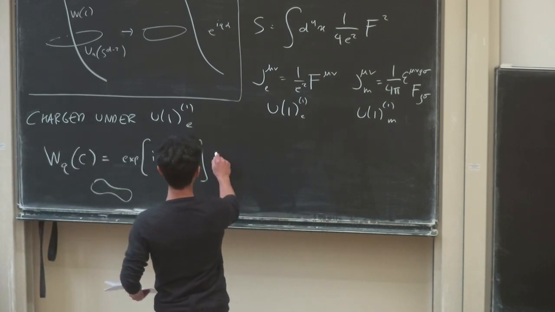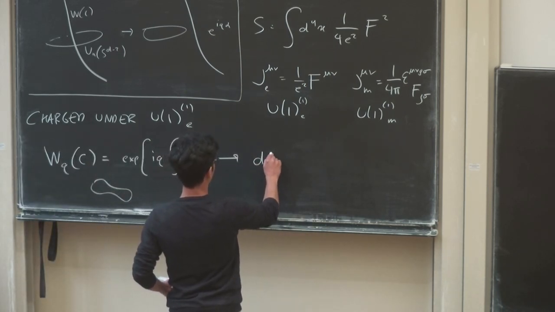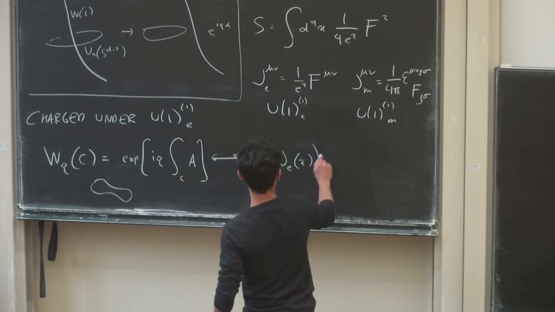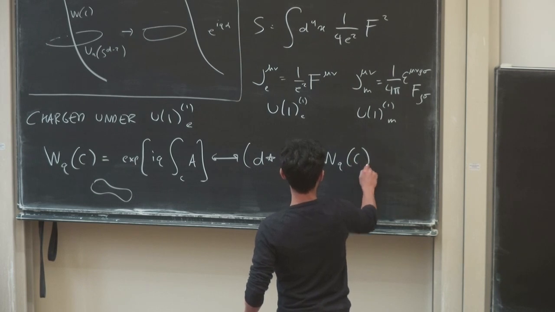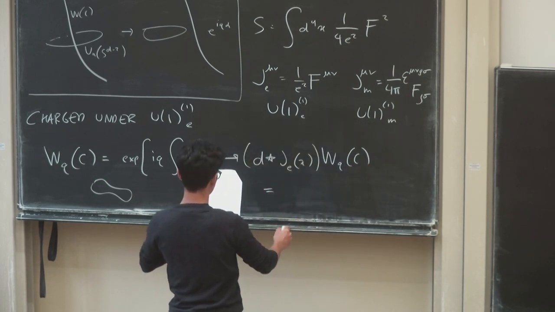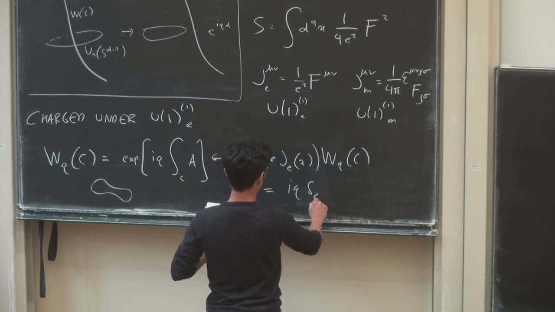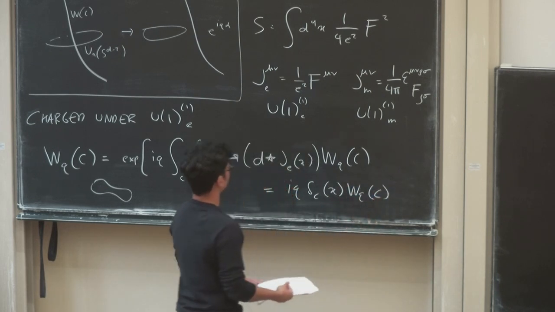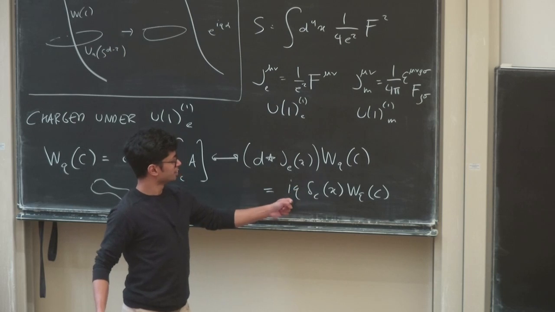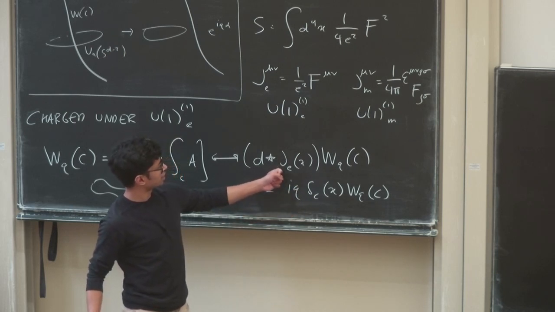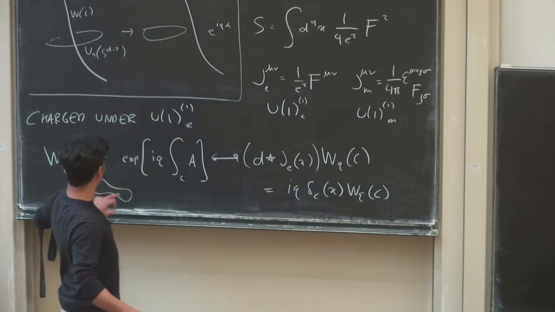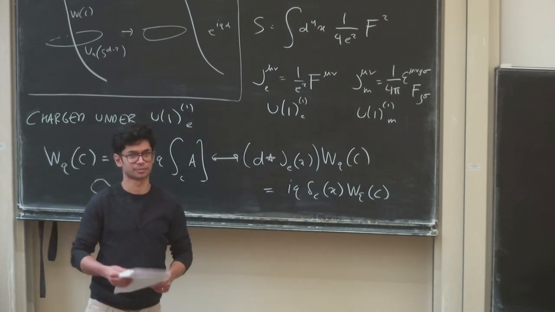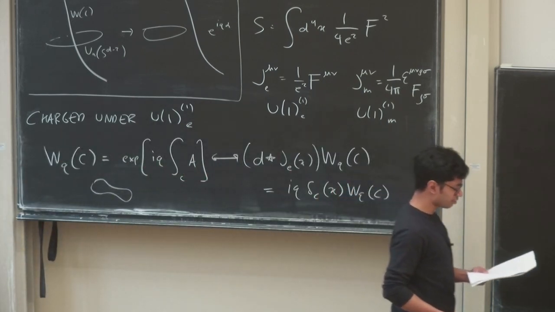This satisfies the Ward identity that we want, which I'm going to write in form notation, that in the path integral an equation like this is true. The Wilson line of charge Q satisfies the Ward identity, meaning the electric current is not conserved in the presence of the line. If you hit the line itself, you get this delta function, which I defined last time.